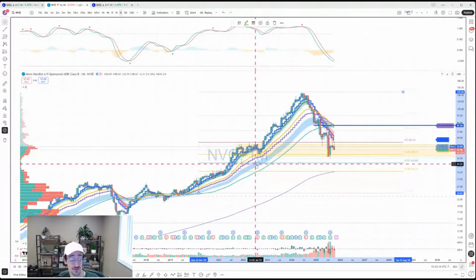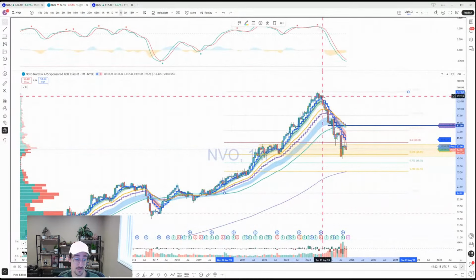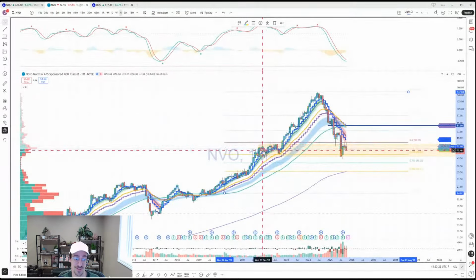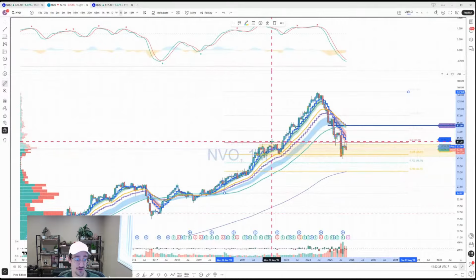I believe that this being the high was programmed once sellers stepped in here and then got overpowered, because basically it's saying, if you're going to sell, it'll be here.